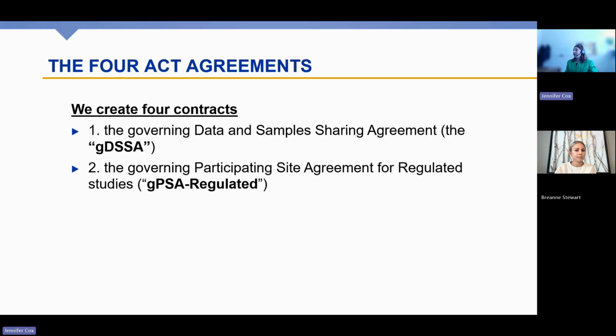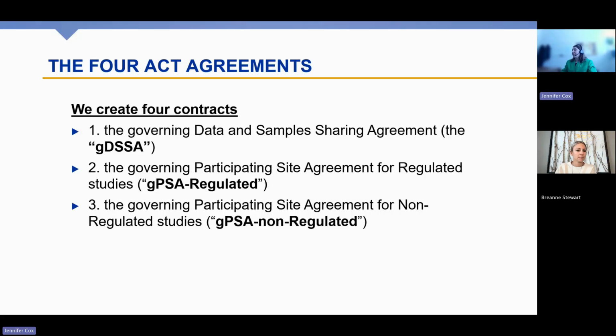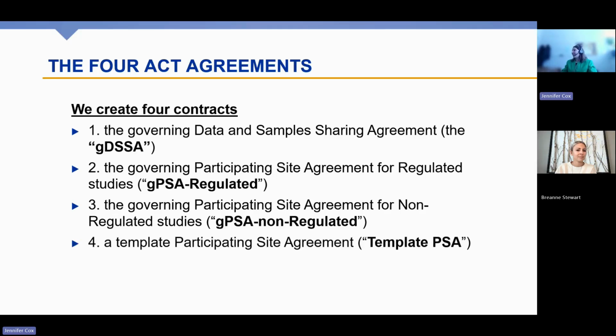The next one was the Governing Participating Site Agreement for Regulated Studies. That one came in, I believe, last July. The next one is the Governing Participating Site Agreement for Non-Regulated Studies, which came in November. And the last one is a Template Participating Site Agreement, which came in, I think it was July 2024. Maybe that date might not be right.